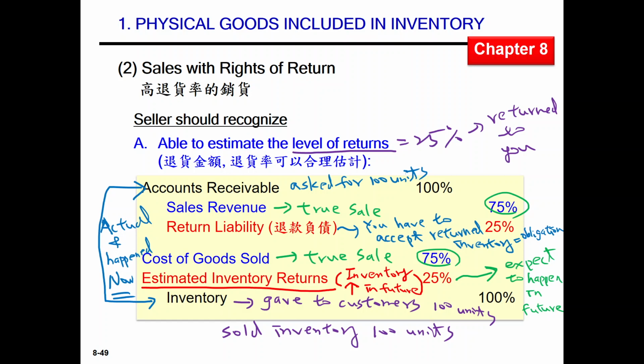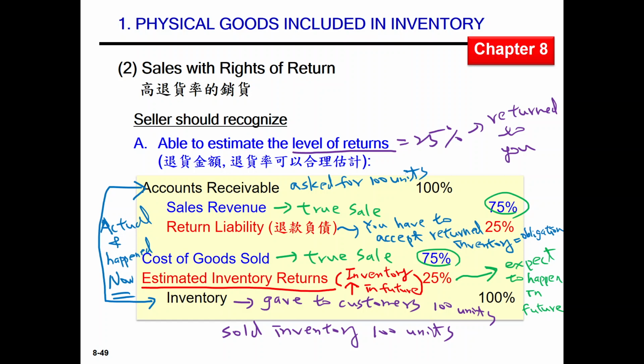No problem. So what happened? You sold the product, 100 units, to customers. So you will ask for the money, accounts receivable, 100%. But at the same time, you made the promise, right? So what promise did you make? The promise you made is if the customer returns the product in the future, you have to accept that.